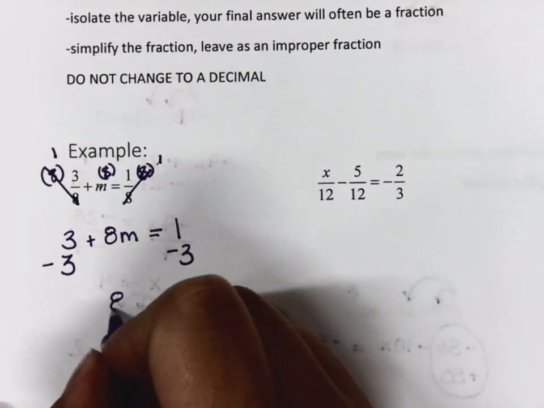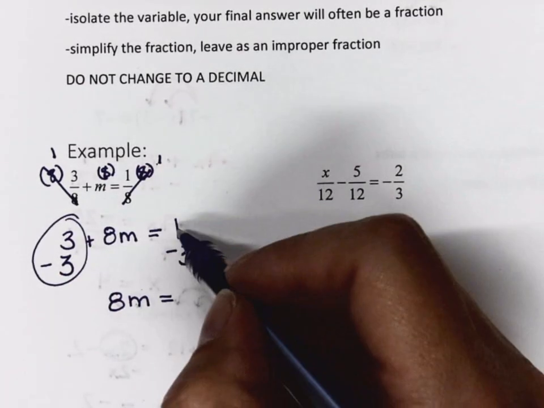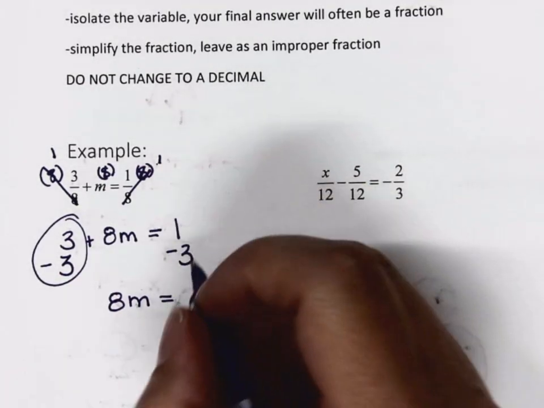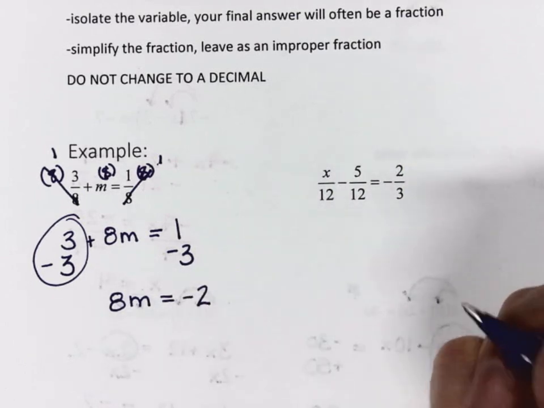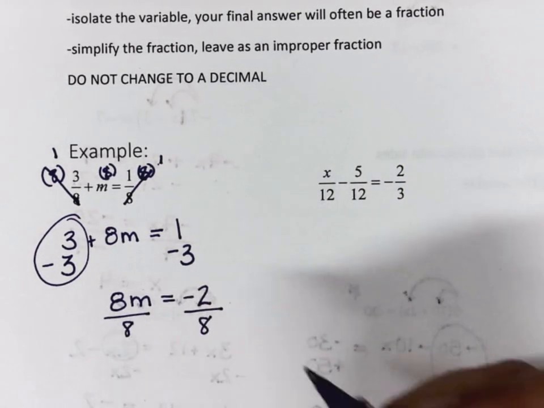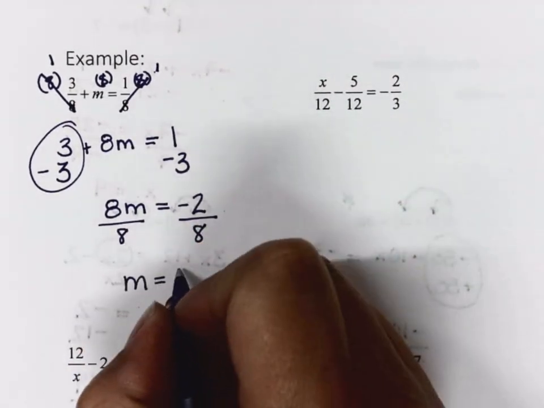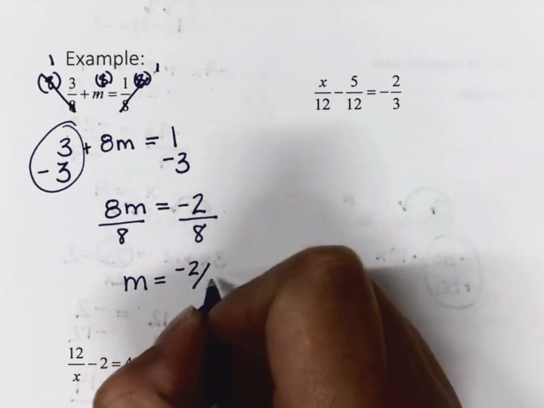I'm going to have 8m equals, 1 subtract 3 is going to be a negative 2. We're going to divide by 8 on the left-hand side, so that means we divide by 8 on the right-hand side. And m is equal to a negative 2 over 8.